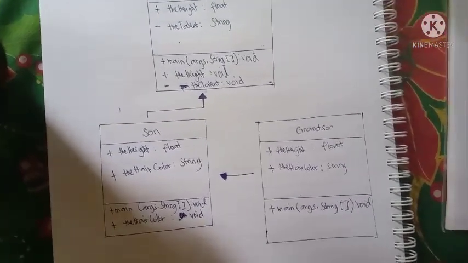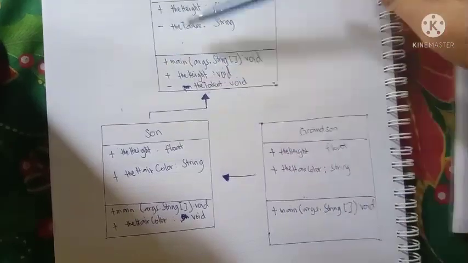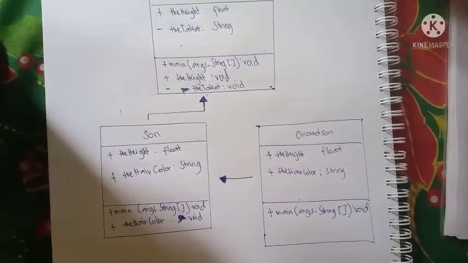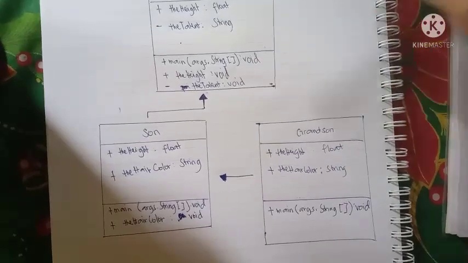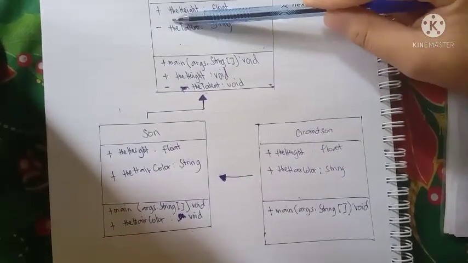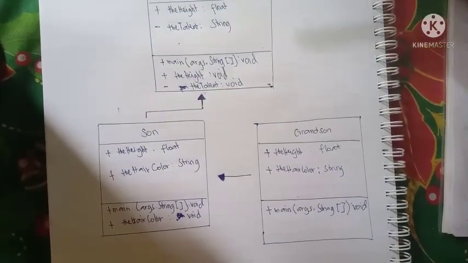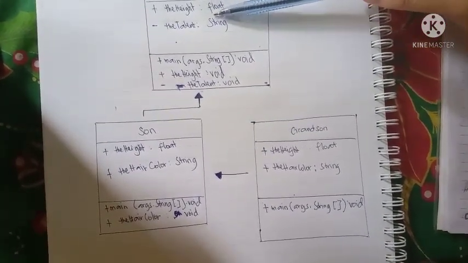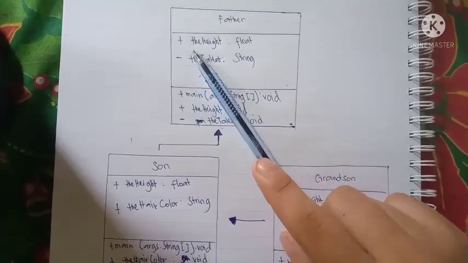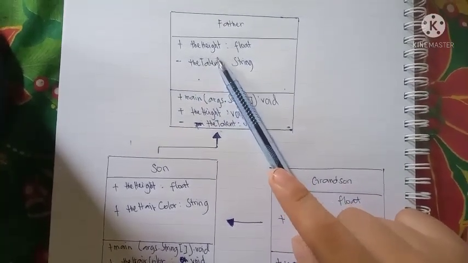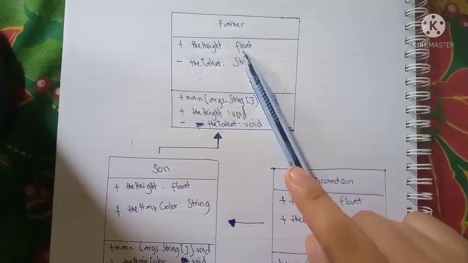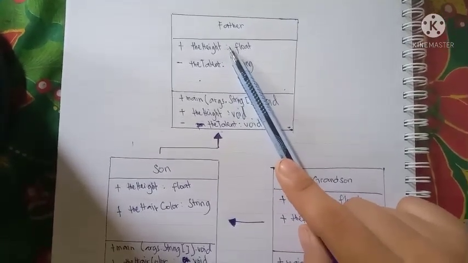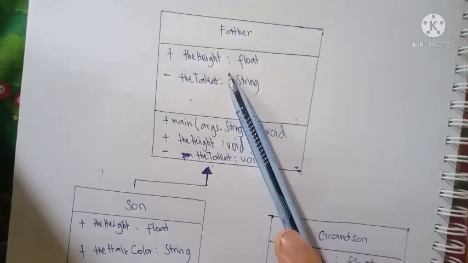Here we see the visibility. The plus sign represents public, as in public static void, and the name of the attribute is height, and the data type or return type is float, separated by the colon here.